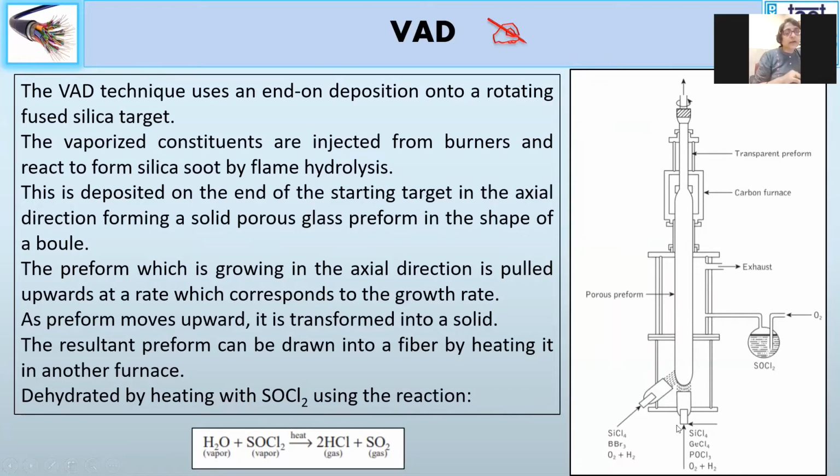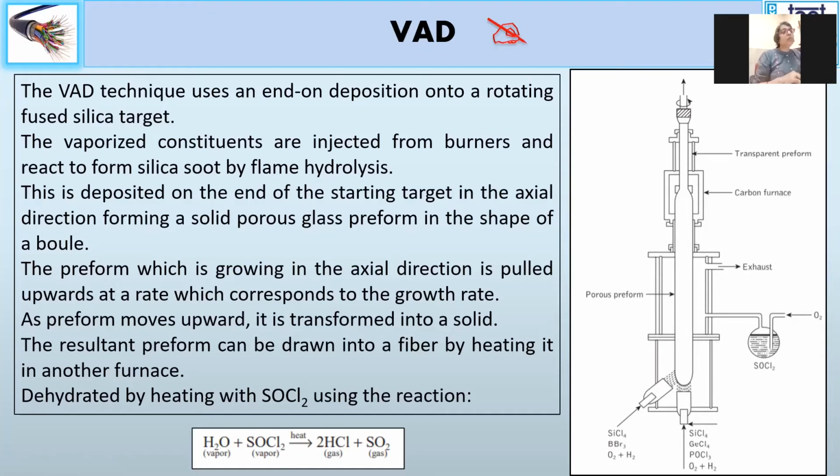From one burner you are inserting the gaseous form of the pure glass material, and any kind of impurity that we want to add to change the refractive index profile is also controlled and inserted. So on the seed material, these vapors get deposited.